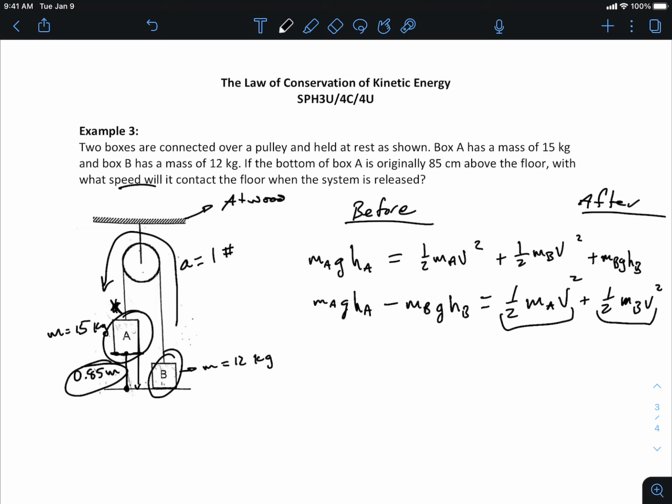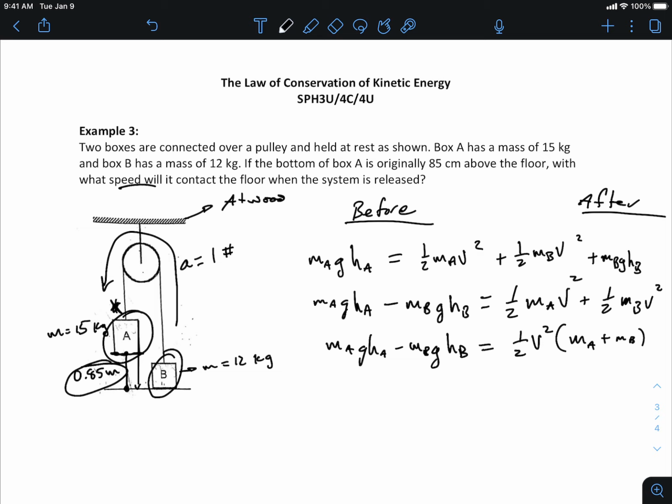Then you go M A G H A minus M B G H B has to equal 1/2 V squared times M A plus M B. And if I were to isolate, we could just start trying to get velocity by itself.